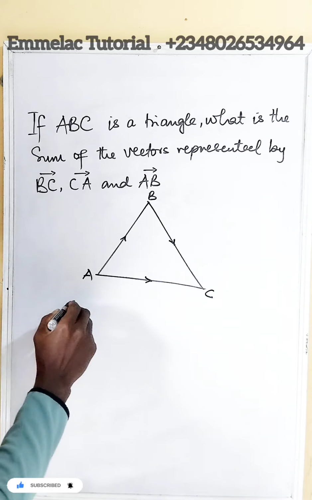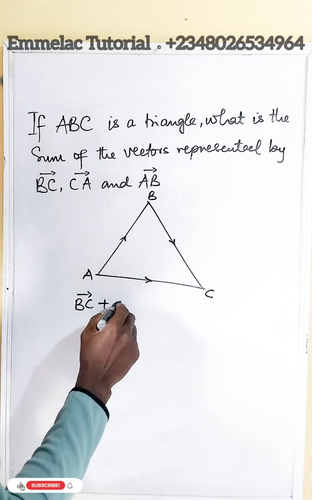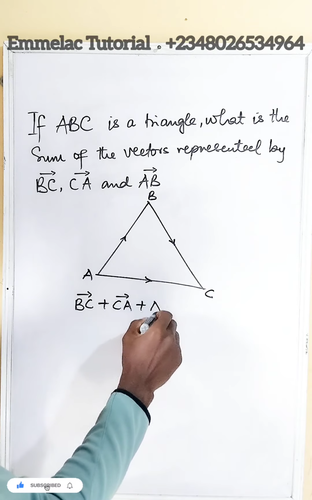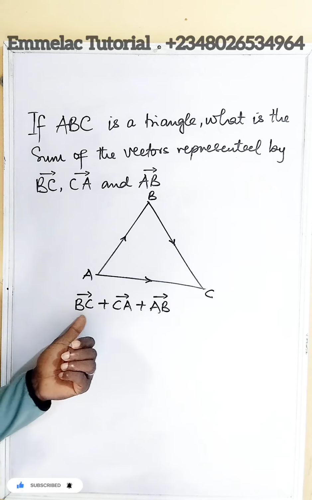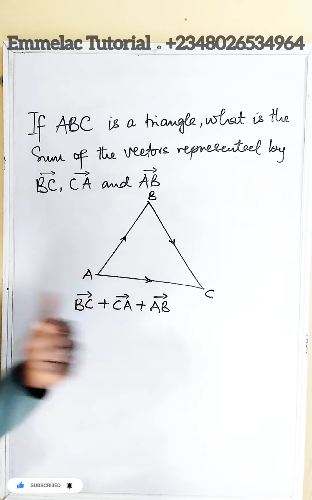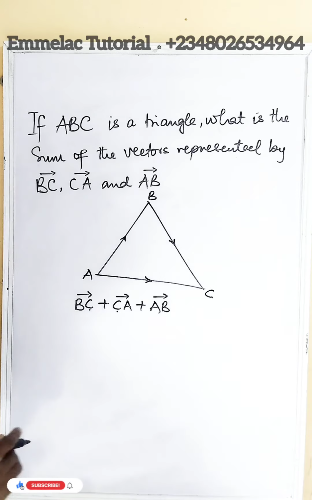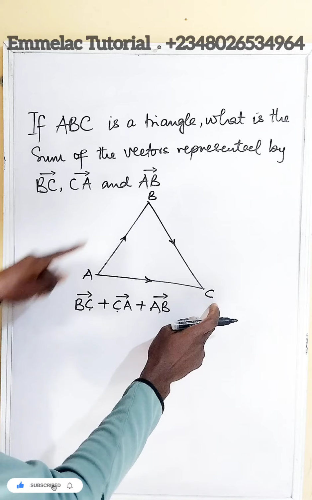Okay, and we're told to find BC plus CA plus AB. Now BC plus AC. Now looking at this, here we have C and here we have C, which implies BC plus CA.